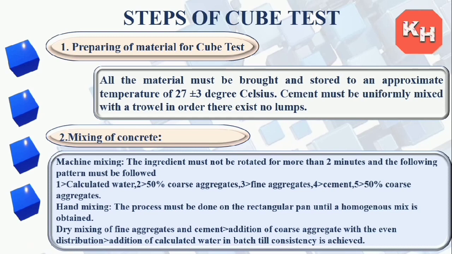For hand mixing, the process must be done on a rectangular pan until a homogeneous mix is obtained. This involves dry mixing of fine aggregates and cement, addition of coarse aggregate with even distribution, and addition of the calculated water in batches till consistency is achieved.